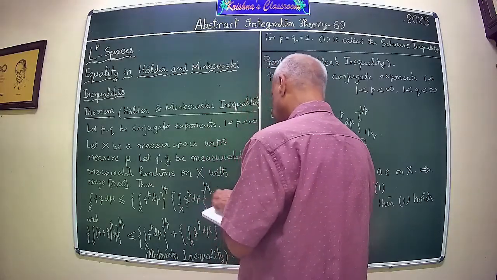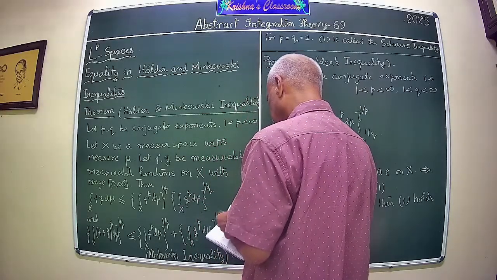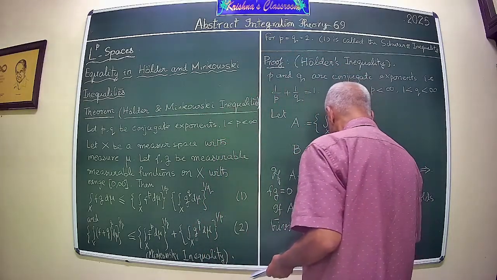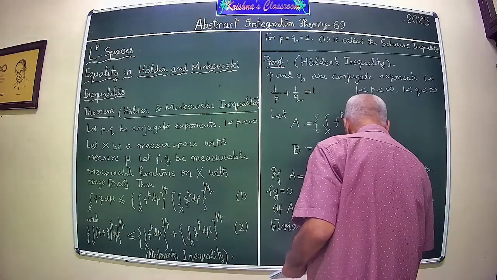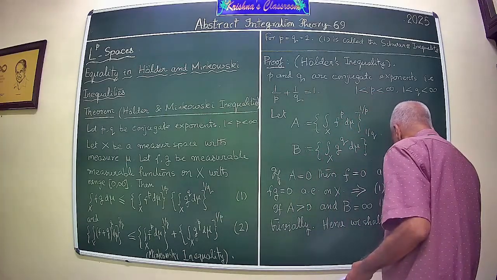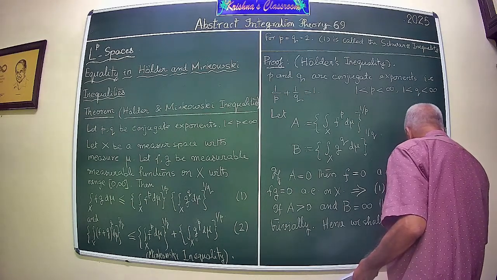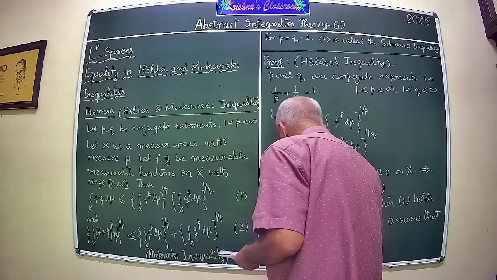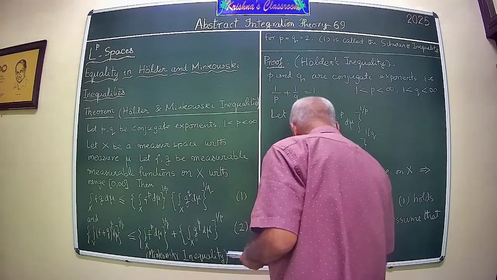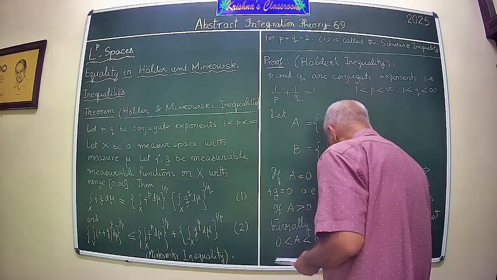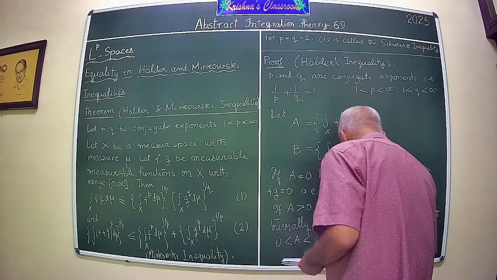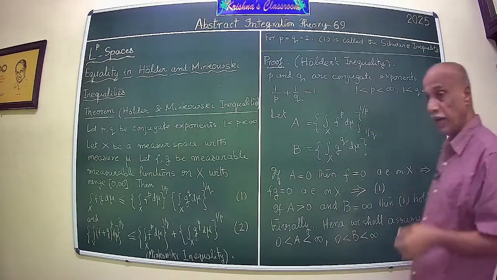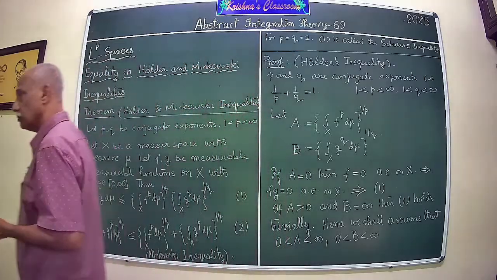So we shall assume that A and B are finite and positive, that means f is an LP function and g is an LQ function.